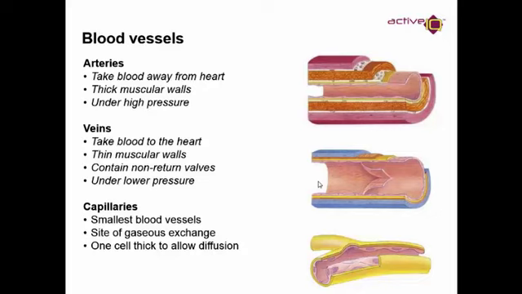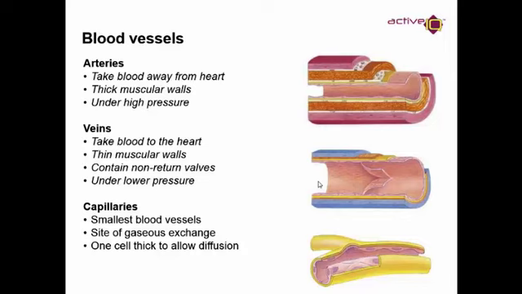And then we have capillaries. Capillaries are the smallest of all the blood vessels, and arteries and veins lead to capillaries because capillaries are where gaseous exchange happens. And what that means is that is where the oxygen will exchange into the muscles, or the carbon dioxide will come into the capillaries to get out of the muscles.